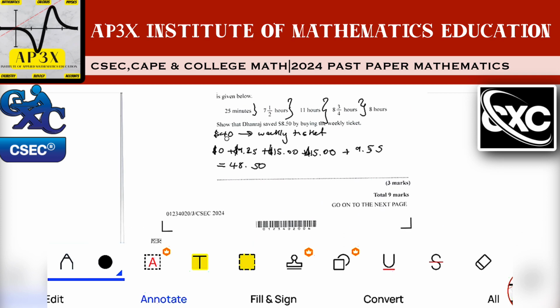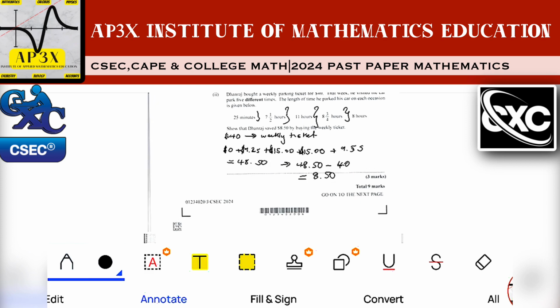Since the weekly ticket would have cost $40, all we do is subtract what he actually paid paying daily minus what he would have paid had he bought the weekly ticket. And so clearly you can see that 48.50 minus 40 is in fact $8.50.